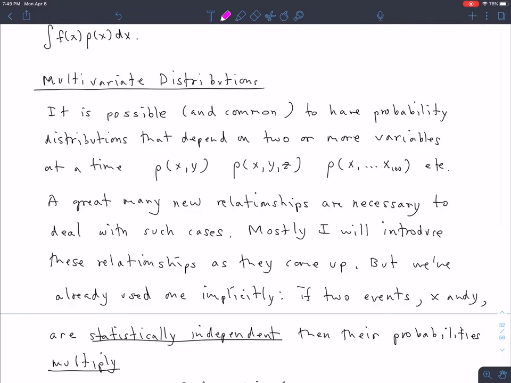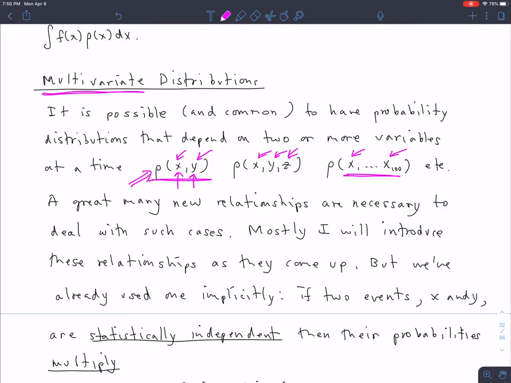All right. There is one more topic that I want to talk about before we end this section, and that's the fact that in statistical mechanics especially, there are a lot of what are called multivariate distributions. What those are is where our probability density or probability proper, discrete probability proper, has more than one variable. So there's not just an x, there's also a y, and there might be an x and a y and a z, and there might be an x1, x2, x3, all the way out to 100.